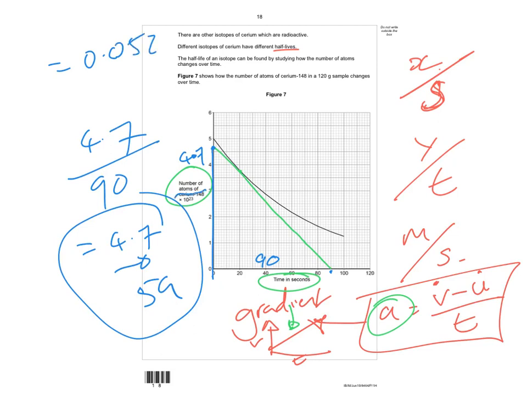I'll have a look at the number here, times 10 to the power of 23, so we've got to include that. And if I put that in standard form, move that back 2 places, it's 5.2 times 10 to the power of 21. And activity is in becquerels, but I think that was the radioactive decay graph.